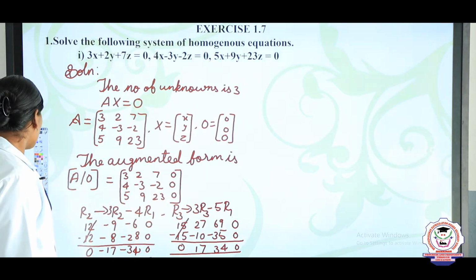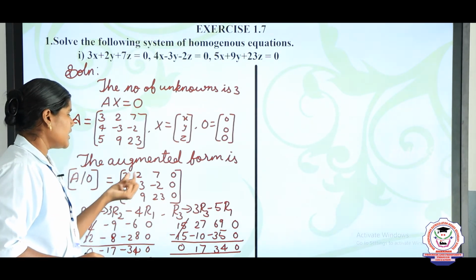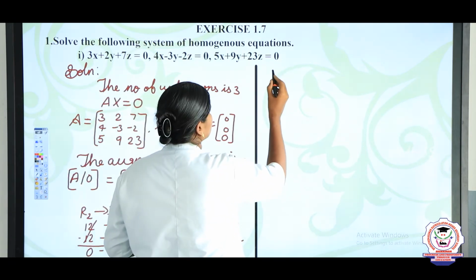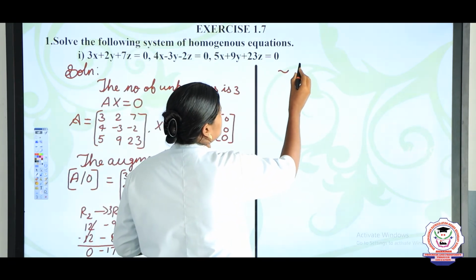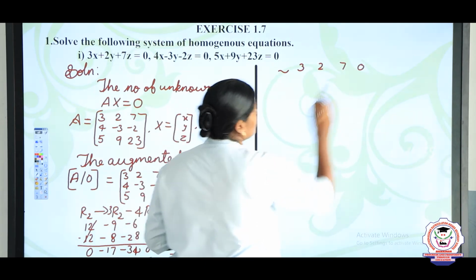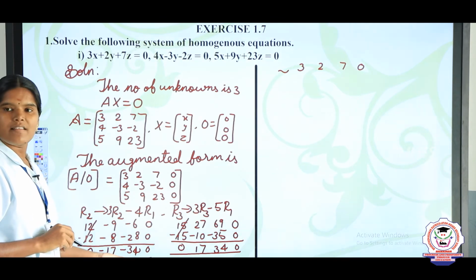So, now our new matrix is first row as it is, it has 3, 2, 7 and 0. And second row values are 0, minus 17, minus 34, 0.